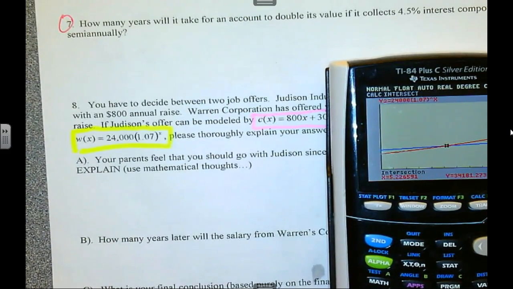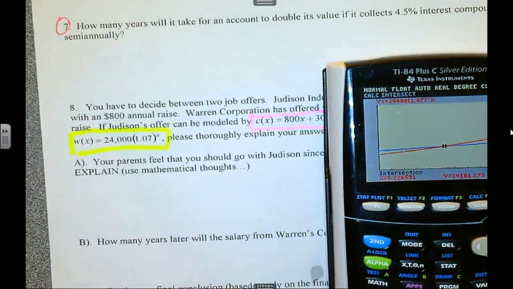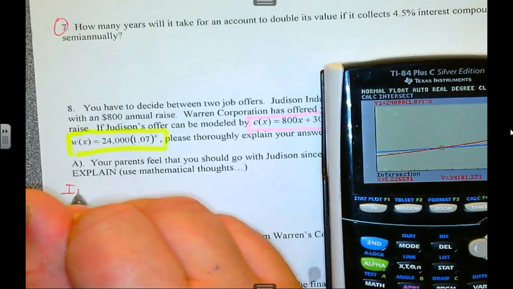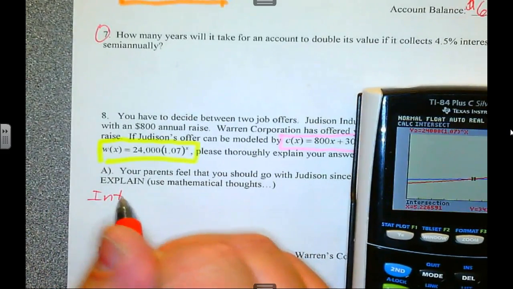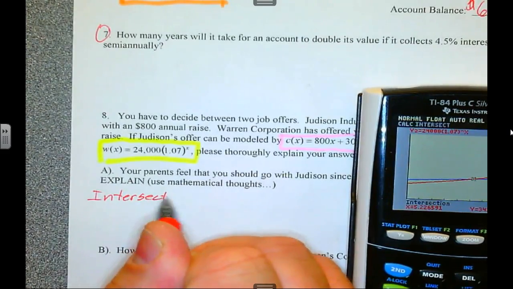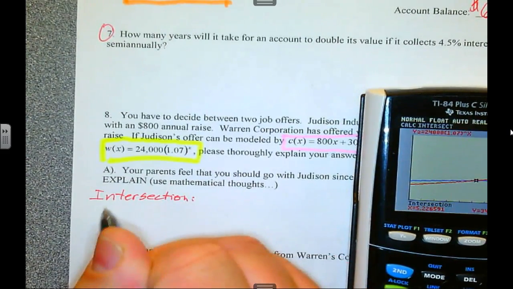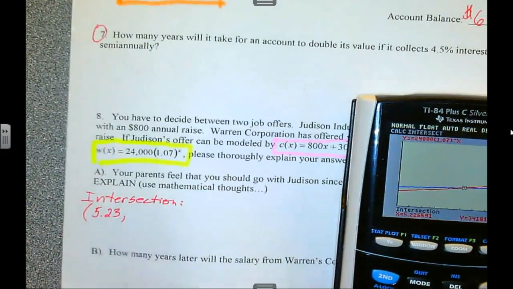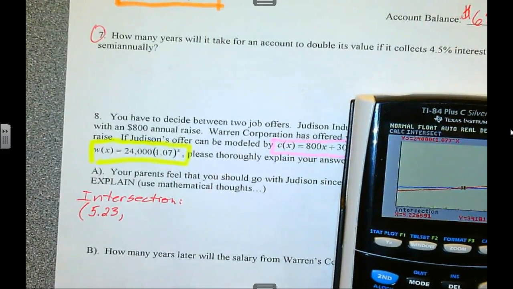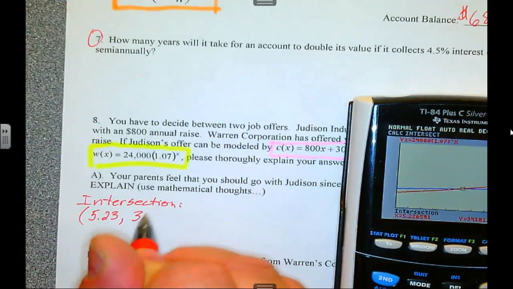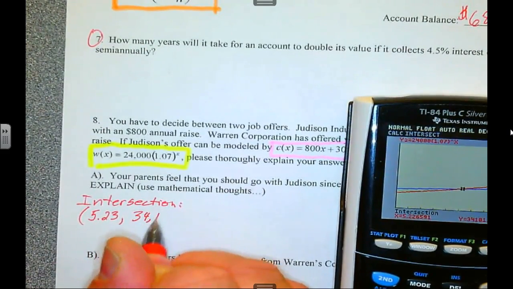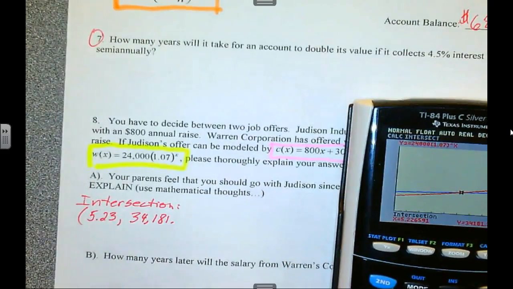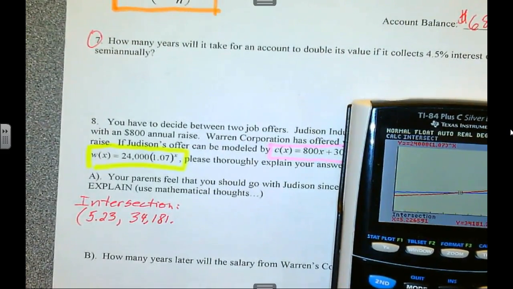Enter again. And my intersection is 5.23, 34,181.27.